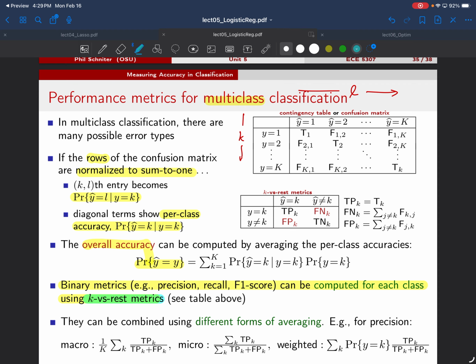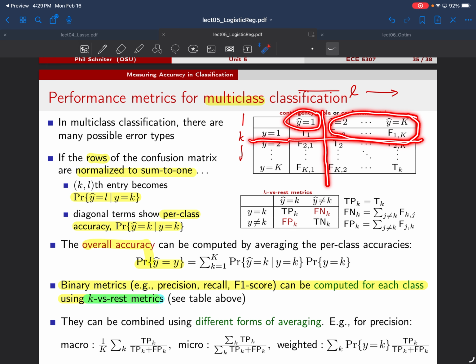So let's say we want to talk about class 1 versus the rest. What we do is partition the table, and we group all these together, all those other things together, and say this is not 1, this is 1. And then over on the correct side, this is 1, this is not 1.